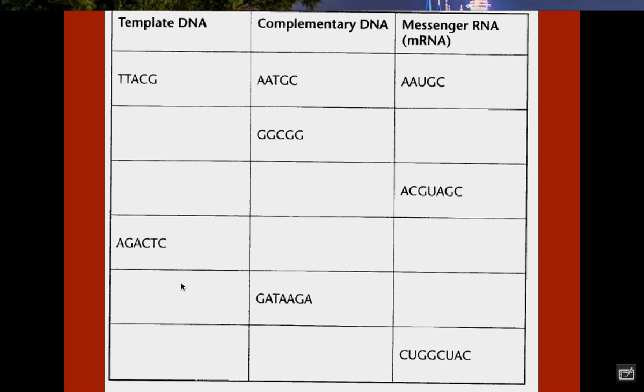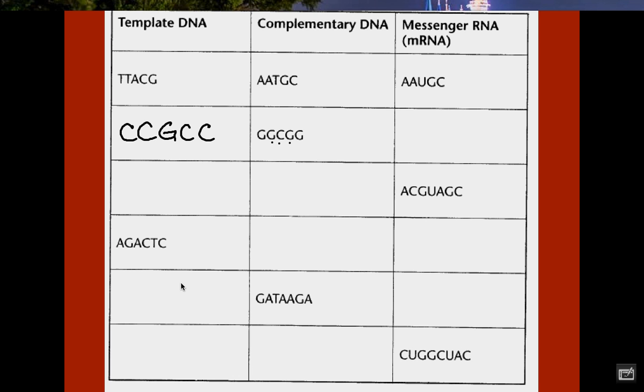So let's look at the second row. We know that the complementary strand is GGCGG. So let's go back and create the original template. G pairs with C, second G with C, C pairs with G, and then two G's, we get C and C. This is important because then we need to create the messenger RNA.